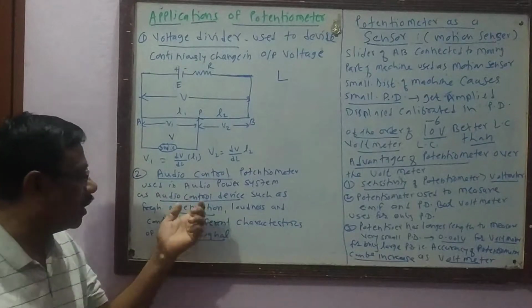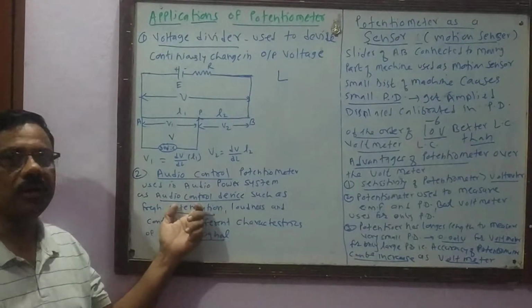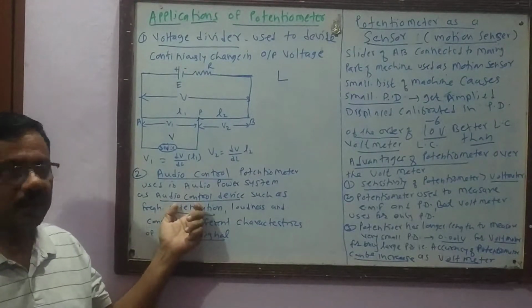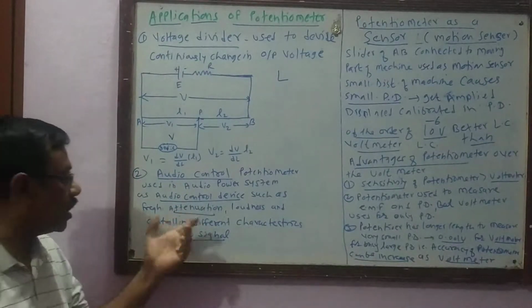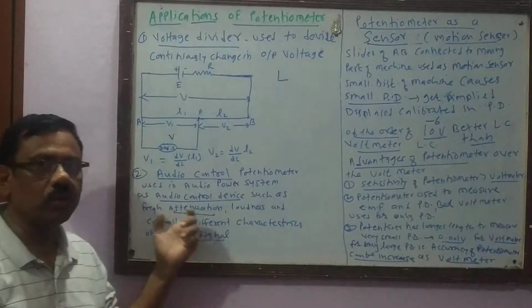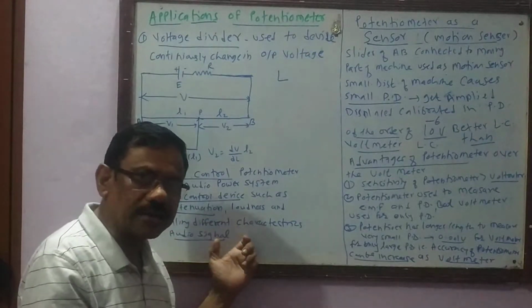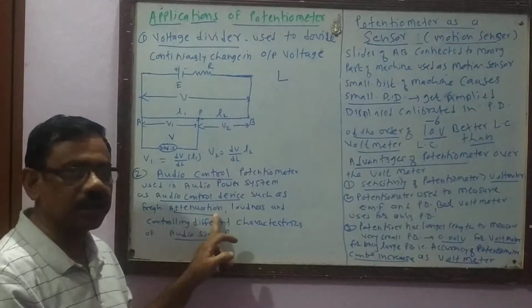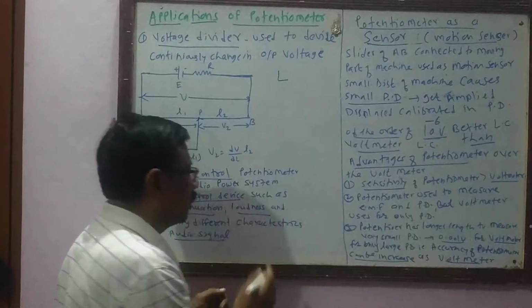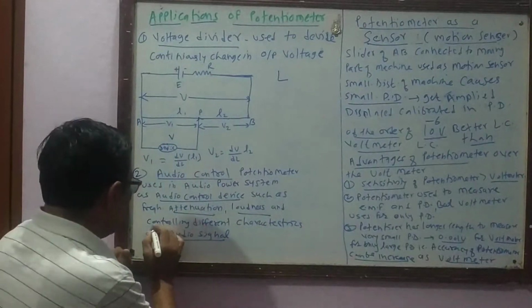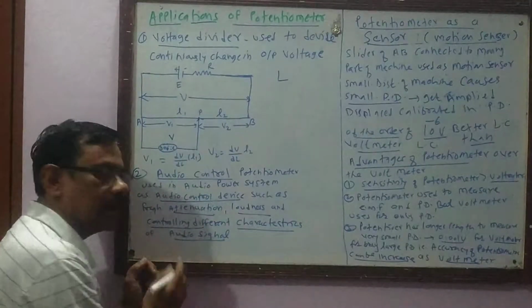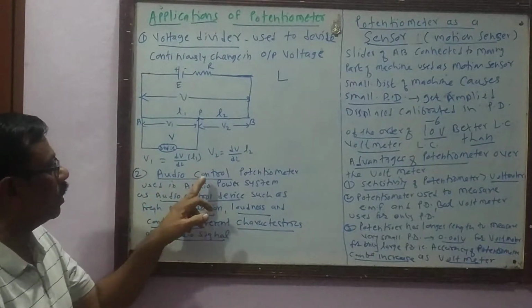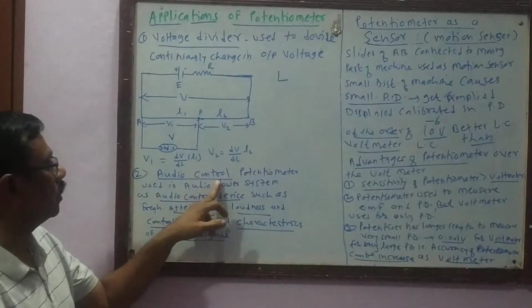Attenuation is the technical term used in communication, that is the loss of strength of the signal during communication through the communication channel. That is the frequency attenuation. It is used for loudness and for control of different characteristics of the audio signal. Hence it can be an audio control device.